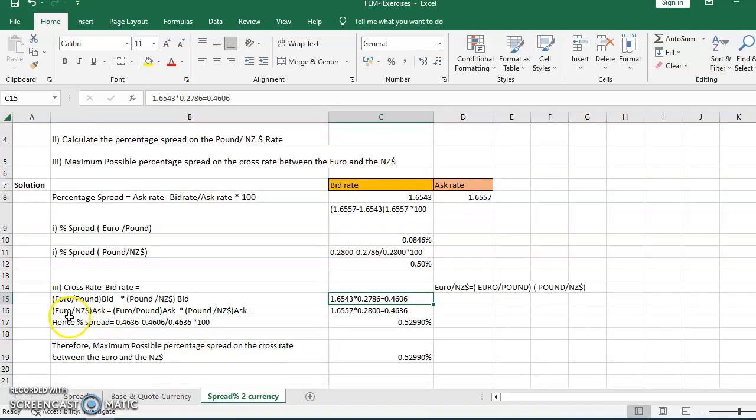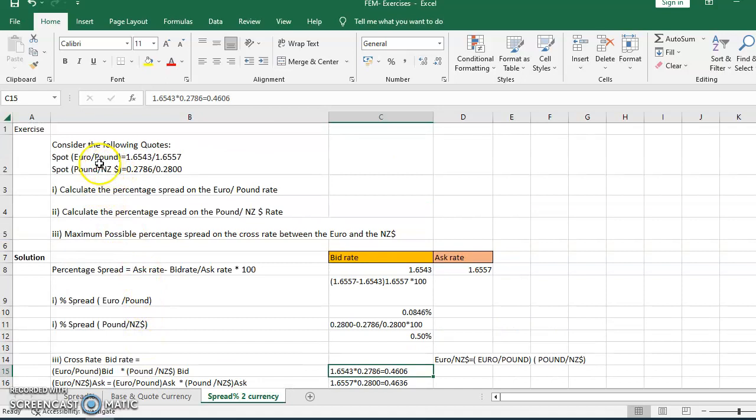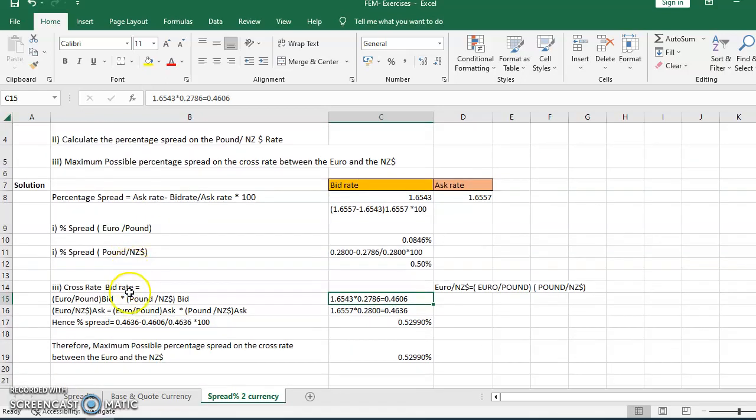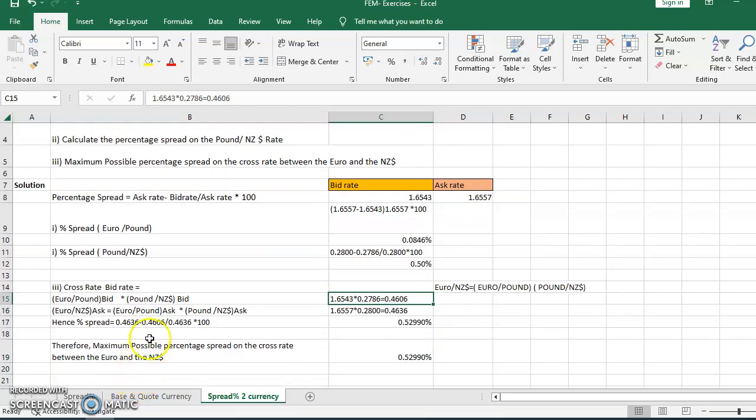Same way, calculate euro to New Zealand dollar ask. If you go by the formula, euro to New Zealand dollar ask is euro over pound ask into pound divided by New Zealand dollar ask.